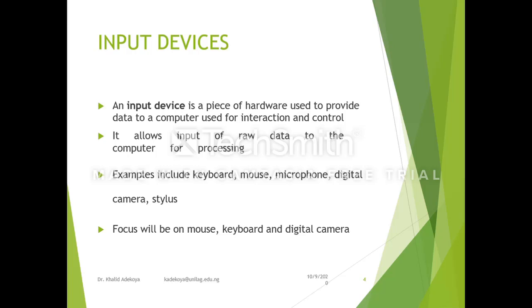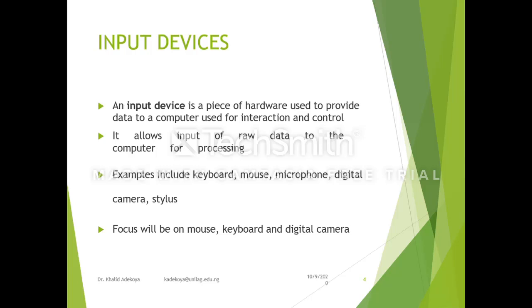The input device is a piece of hardware that you use to provide data to the computer. The computer works with data. Except data gets in, the computer cannot function. So it is the input device that is used to put raw data to the computer which it processes.